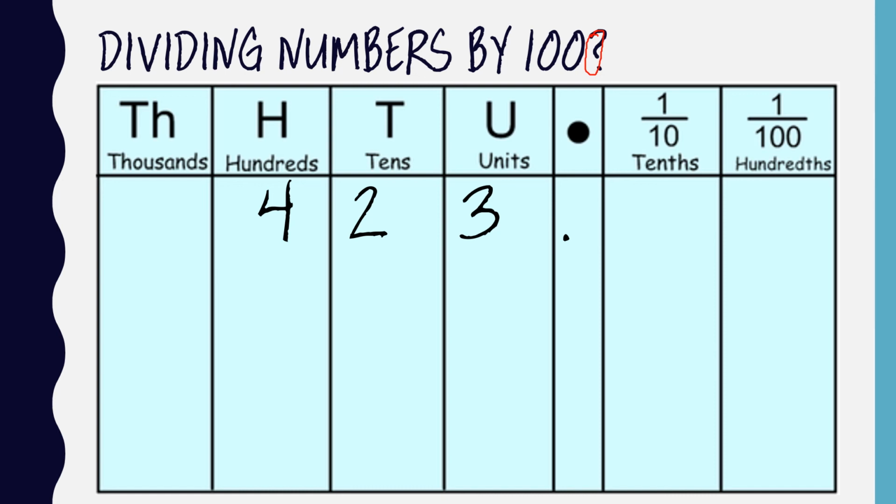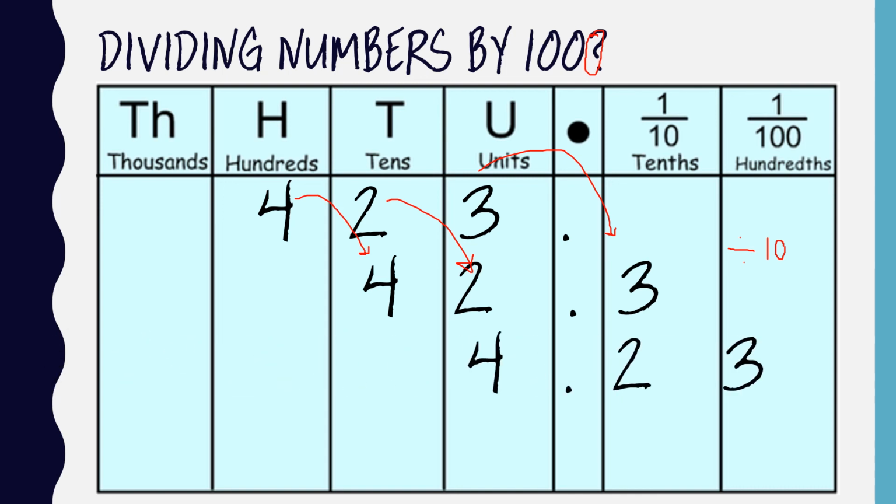So remember, we're not doing it 3 in one go. We share it by 10. 1 move to the right. Every time. 1 place to the right. Nothing in the decimal point column apart from your decimal point. Share by 10. Then we move another place to the right. 2 shuffles.